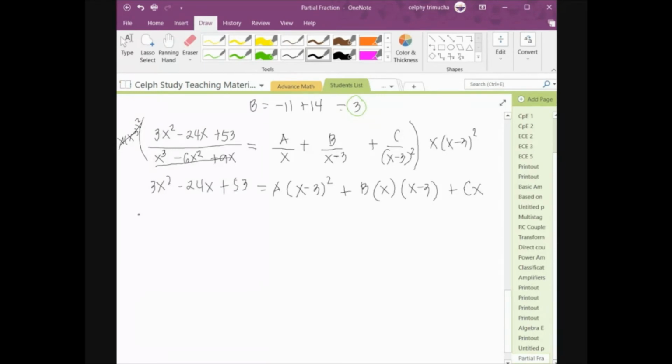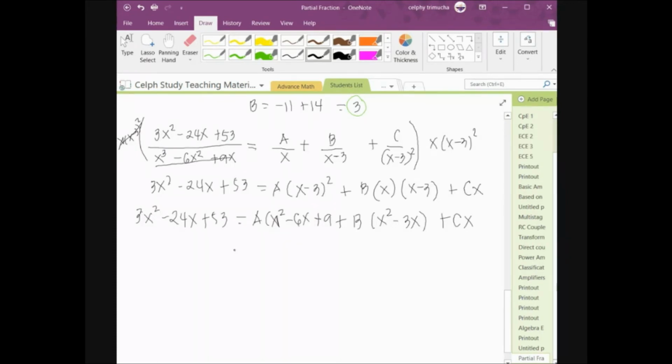Para maka-equate ka, dapat i-expand na ang equation. So we have 3x squared minus 24x plus 53 is equal to a times x squared minus 6x plus 9, plus b times x squared minus 3x, plus cx.